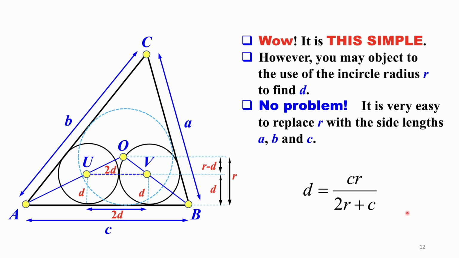If you are satisfied with this incircle radius representation, that's fine. But what if you don't like to do it? Instead, you are so stubborn that you have to represent D by the use of three sides A, B, and C. No problem. We can easily find the radius of the incircle by the use of A, B, and C.